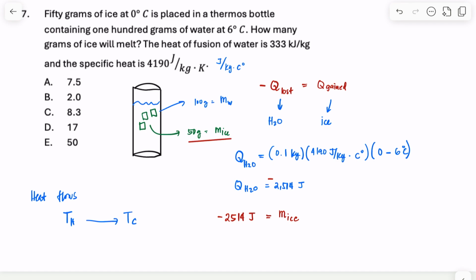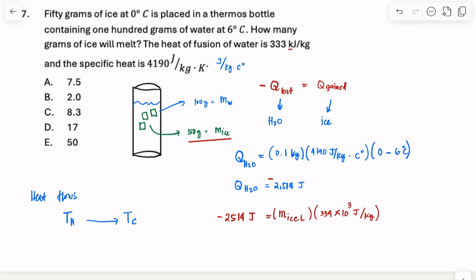Mass of the ice, L, meaning lost, multiplied by the latent heat of fusion, which is 334 times 10 to the 3, kilojoules per kilogram.